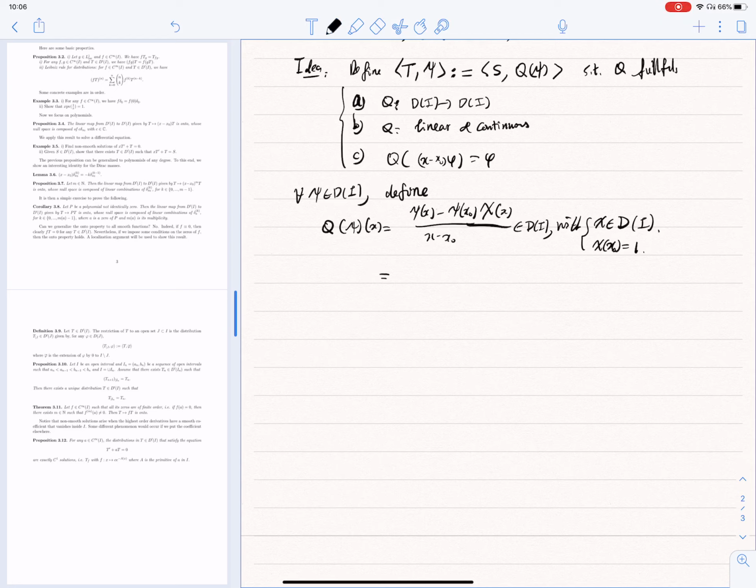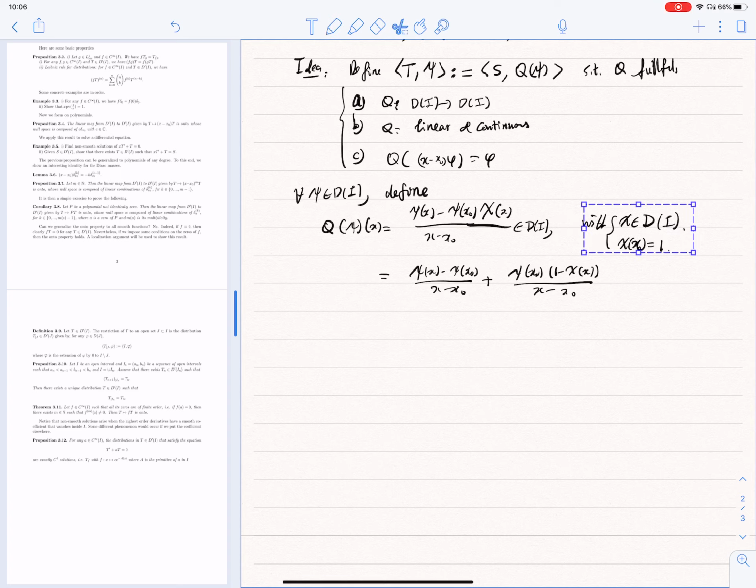Let's do the justification of this. Take 1 minute. It's not plus. There's going to be x naught and 1 minus chi of x over x minus x naught. This property.